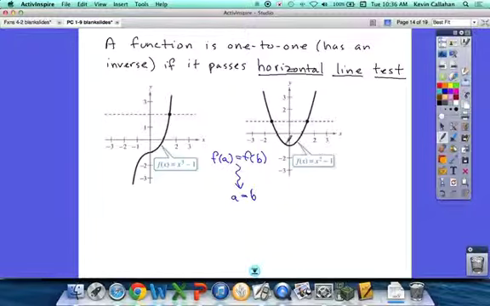Just look at one part, a part that's always increasing or a part that's always decreasing, and that is what we're going to end up doing. That's why we spend so much time on domain all the time. It comes up for everything. So if I look at just, let's say to the right, just this piece of it, then that would be one-to-one. When we get into trigonometry, inverse trig functions, that's exactly what we have to do in order for our trig functions to have inverses.